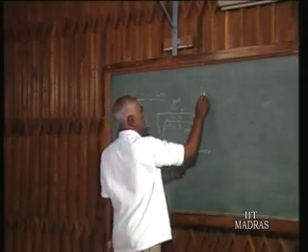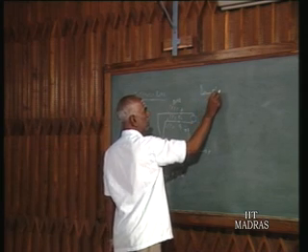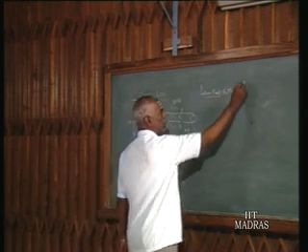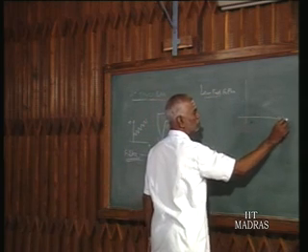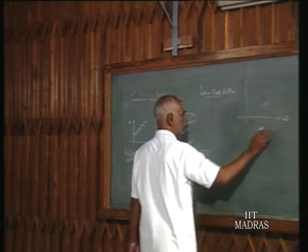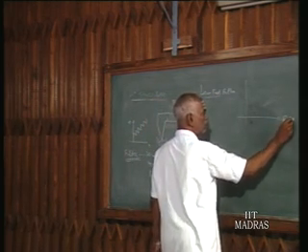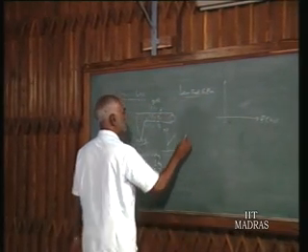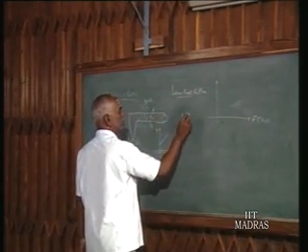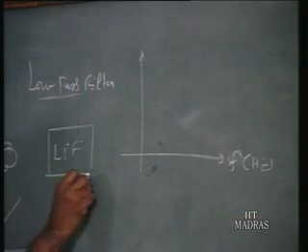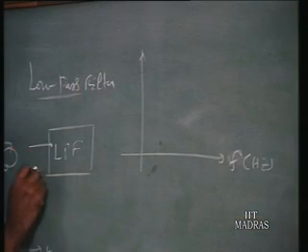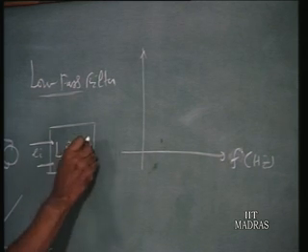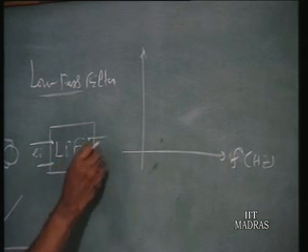So a low pass filter will have a characteristic somewhat like this. Suppose this is frequency f in terms of hertz. Suppose the low pass filter is indicated by a block like this, EI is our input signal, and the output will be EO.